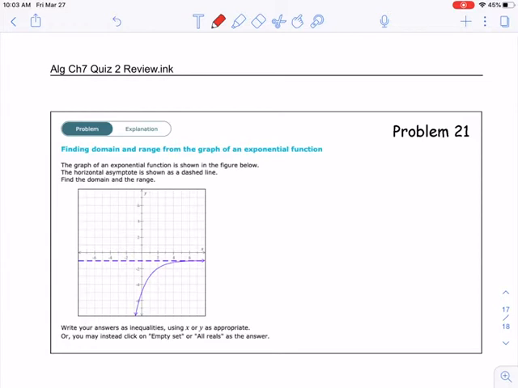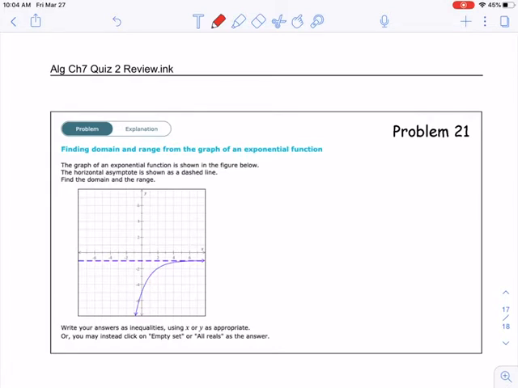Okay, 17. Find the domain and the range from the graph. All right, so they've got this shown here. Horizontal asymptote is that line that it comes really close to but never really touches. All right, and they want to find the domain and the range. So you're going to write your answers as inequalities.